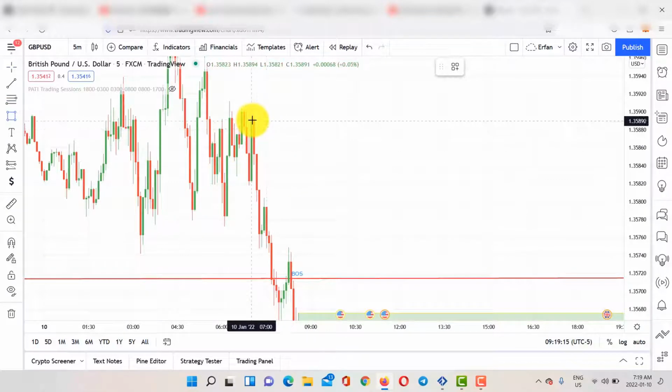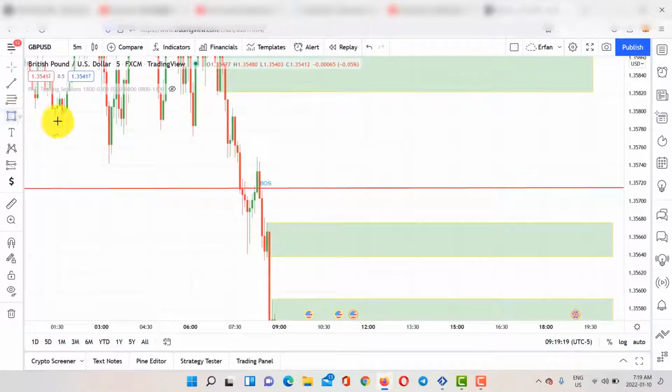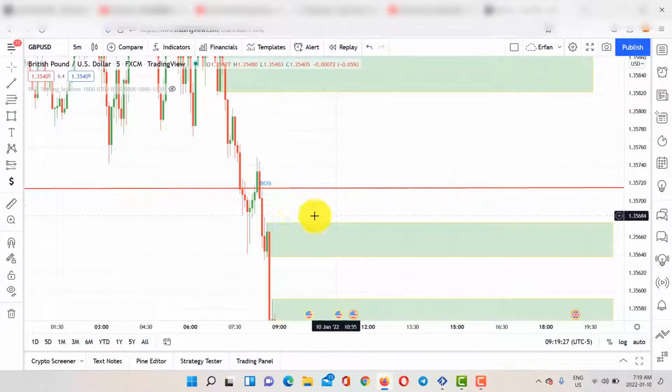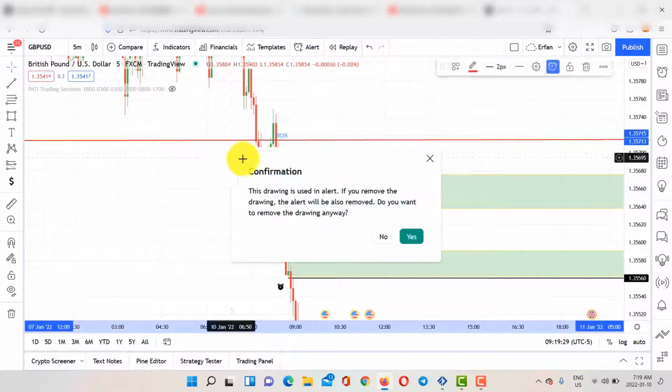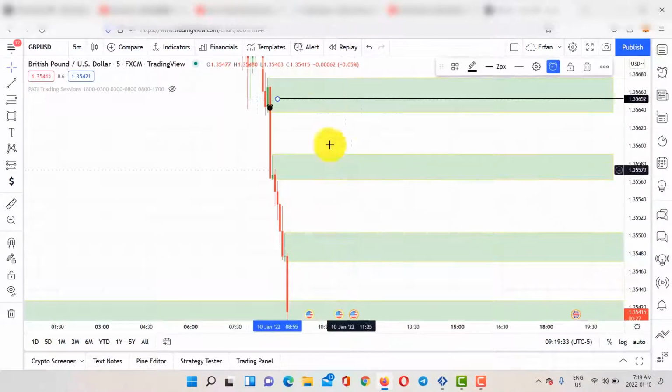See, there are tons of gaps, not here but here. No, even this one is not a gap. So break of a structure, I'm going to remove this one as well. So we have 1, 2, 3 gaps.